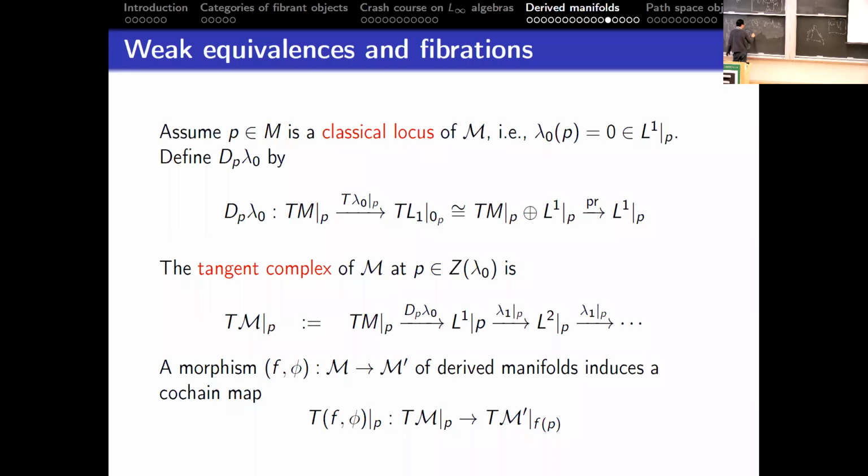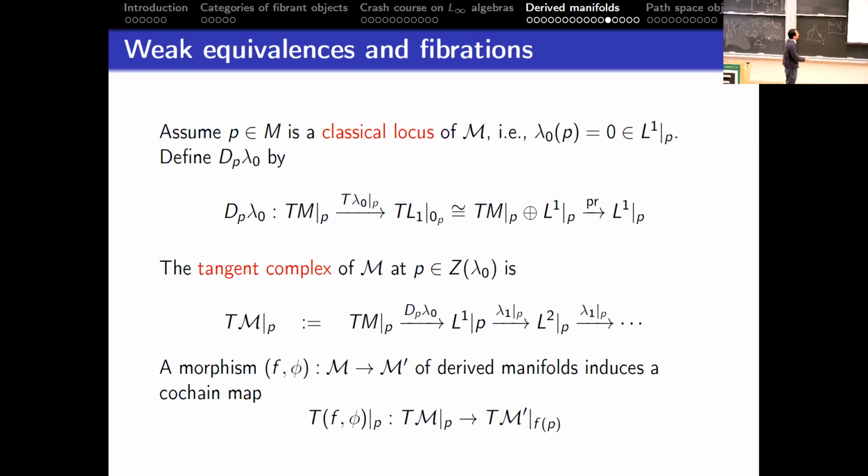Z lambda 0 is just all the points x. You want to look at the intersection here, and you look at the tangent map at this point.